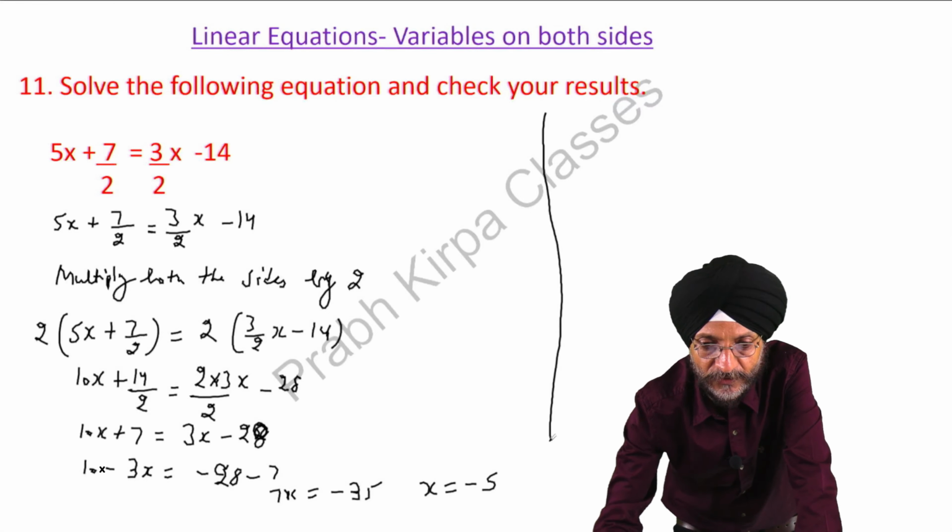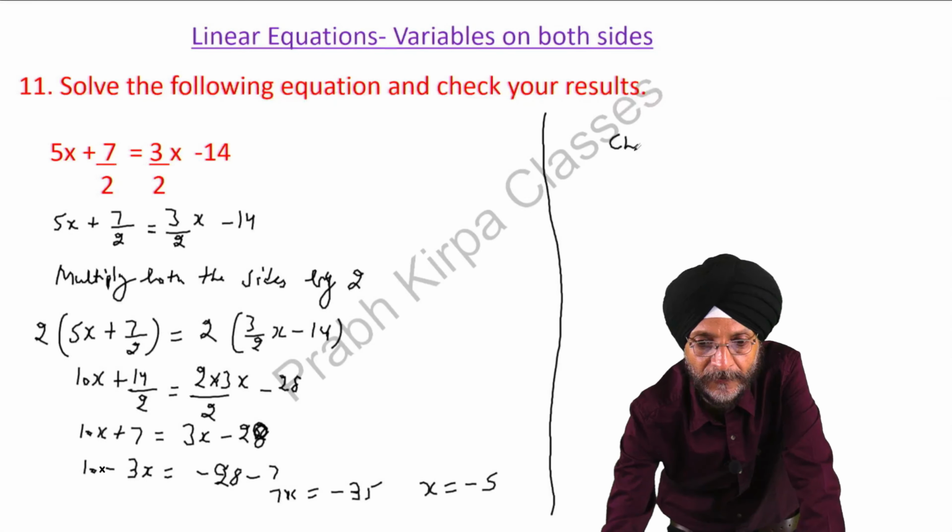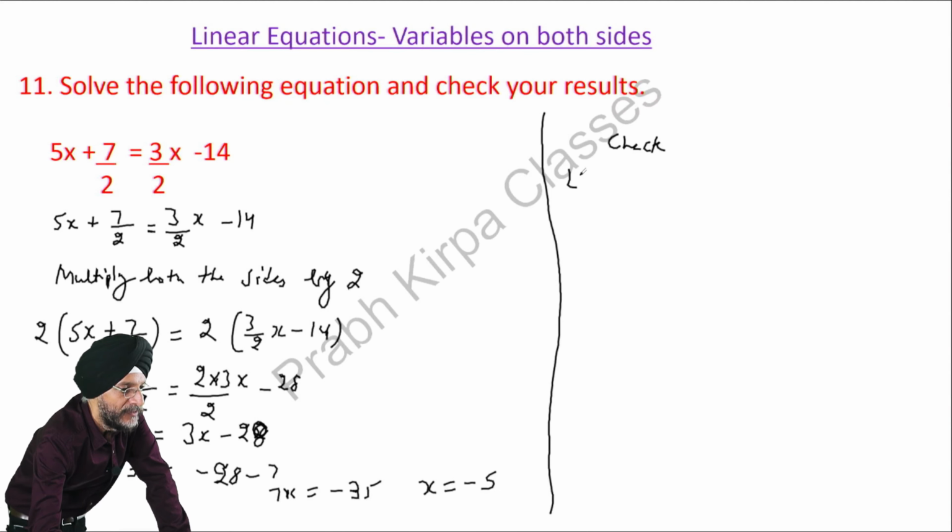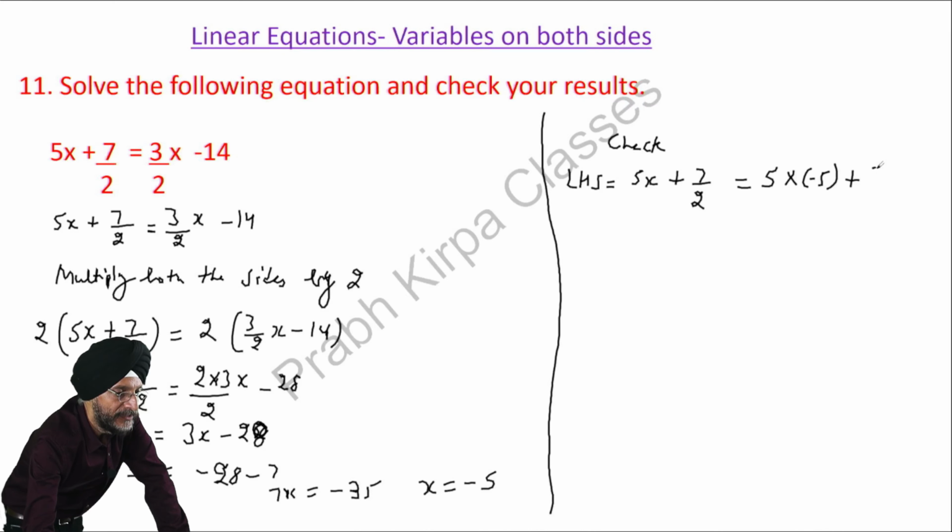So now the second part of this question is check. Left hand side expression. What is the left hand side? It is 5x plus 7 over 2. We will fill in the value of x. Value of x is minus 5, so 5 into minus 5 plus 7 over 2, minus 25 plus 7 over 2.